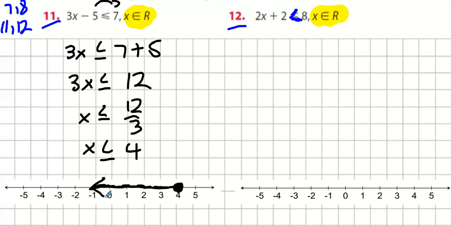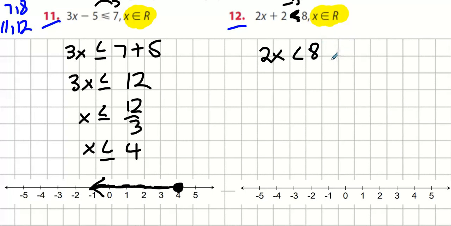For those of you at home, your book will say that it's less than or equal, but I've modified this question to be less than just because I want to show people the difference between less than or equal. Is that all right? So, take it on. What do you do first? Minus 8. So 8 minus 2.